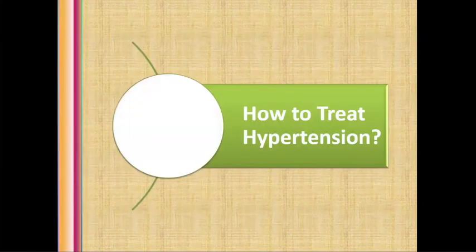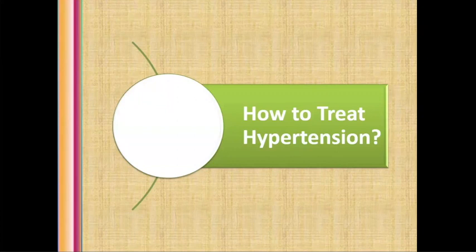How to treat? We will take a break once we cover the non-pharmacological. How to treat hypertension? So now we know what hypertension is. We know what causes hypertension. We know the characteristics are different in older people. We also briefly have seen how hypertension can present.